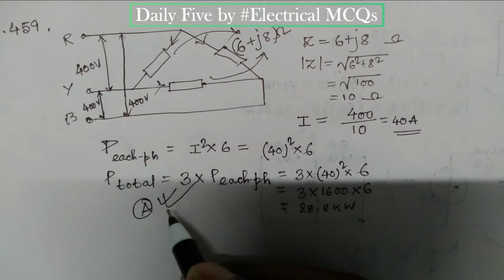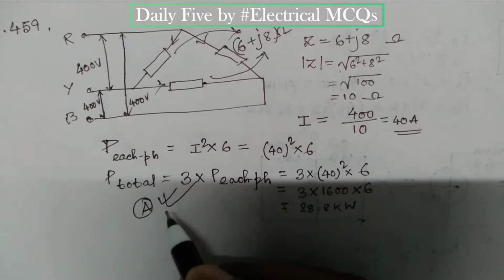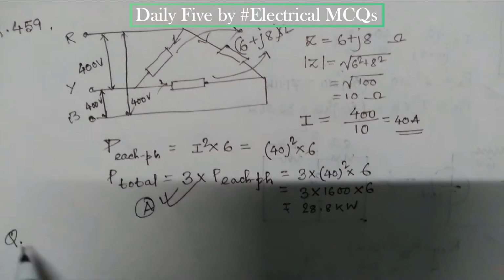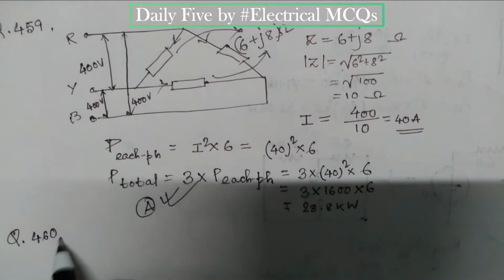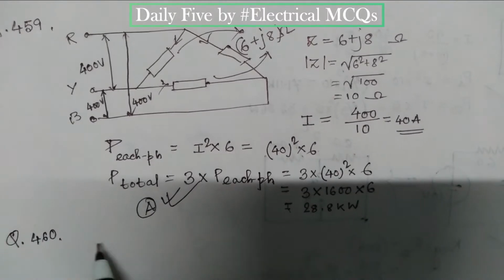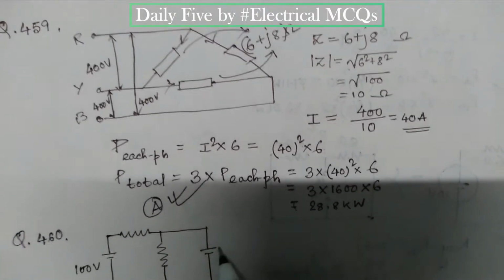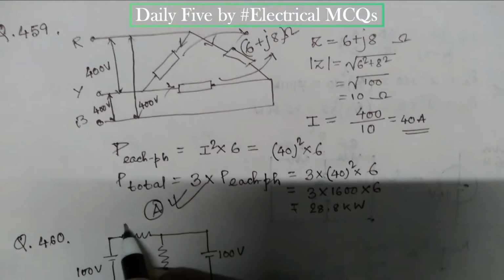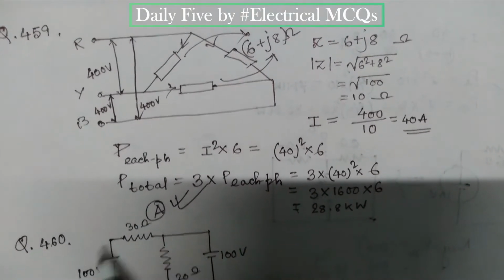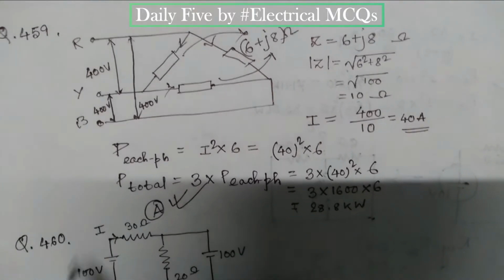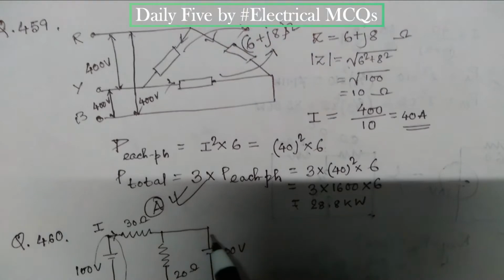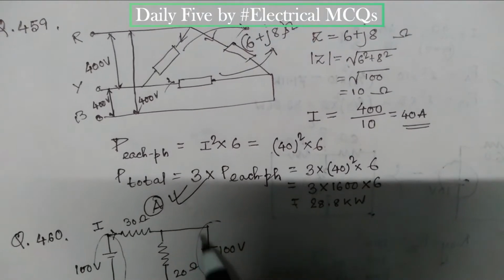Okay, now we'll go for question number 460. Here a circuit is given and we have to calculate the current I. This is 100 volt, this one is also 100 volt, this is 30 ohm and this is 20 ohm. Now see, here there is a voltage source, here also a voltage source.